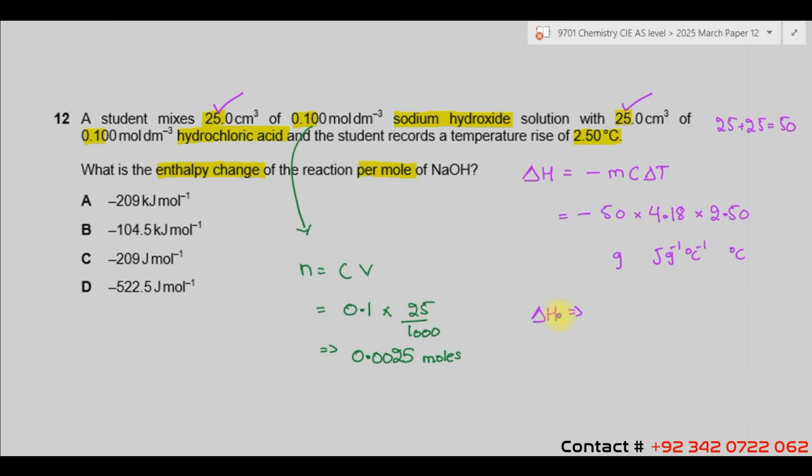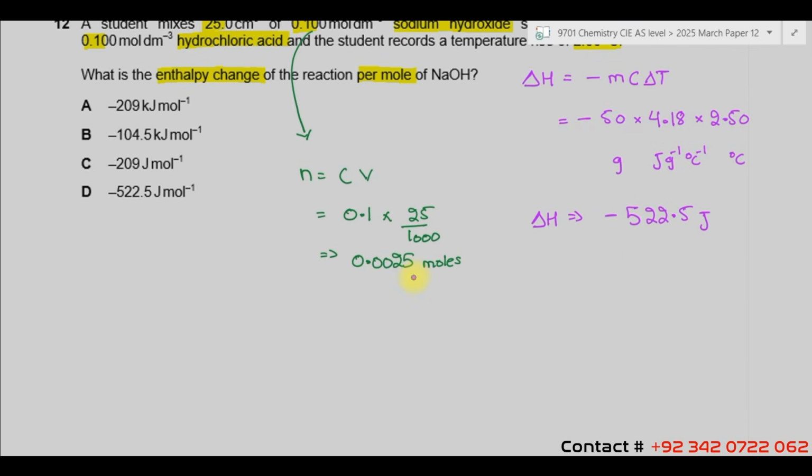So by calculation, enthalpy change is now equal to minus 522.5 joules. This is for this equation, and in this equation we had 0.0025 moles. So this much energy is released for 0.0025 moles.